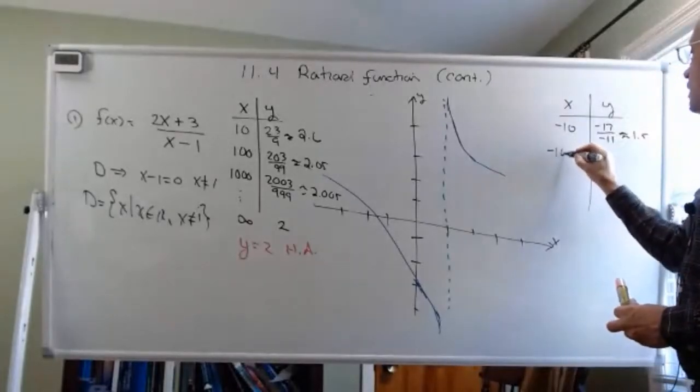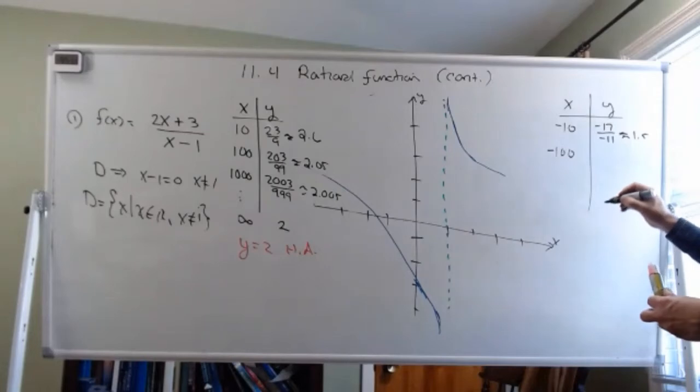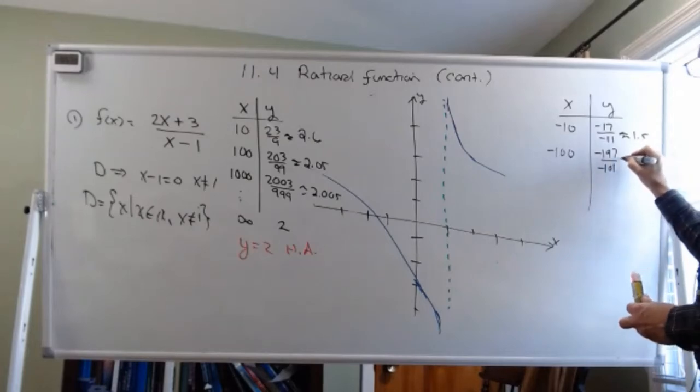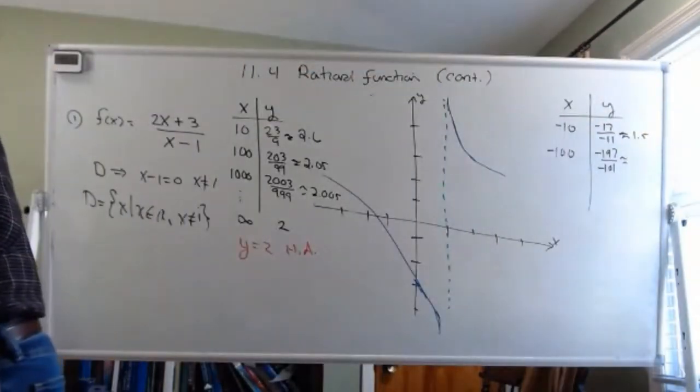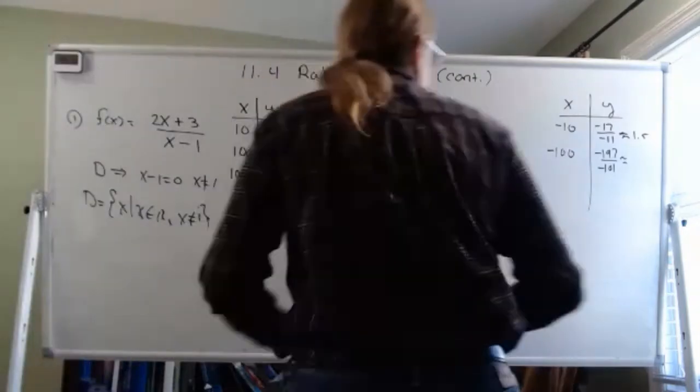Now put in negative 100. I get negative 197 over negative 101, which is approximately equal to 1.95.